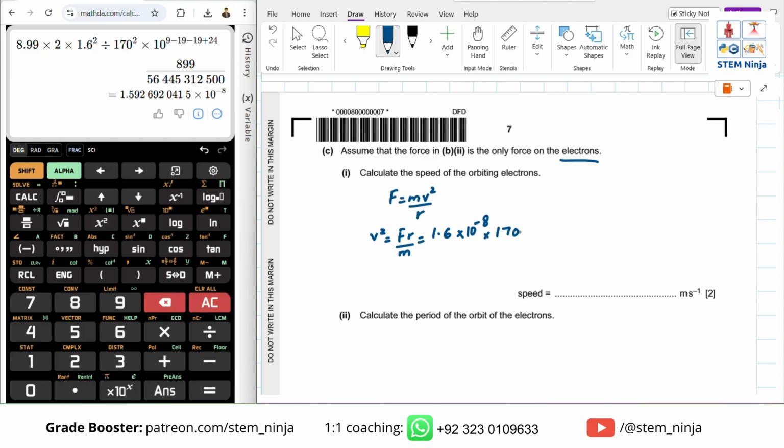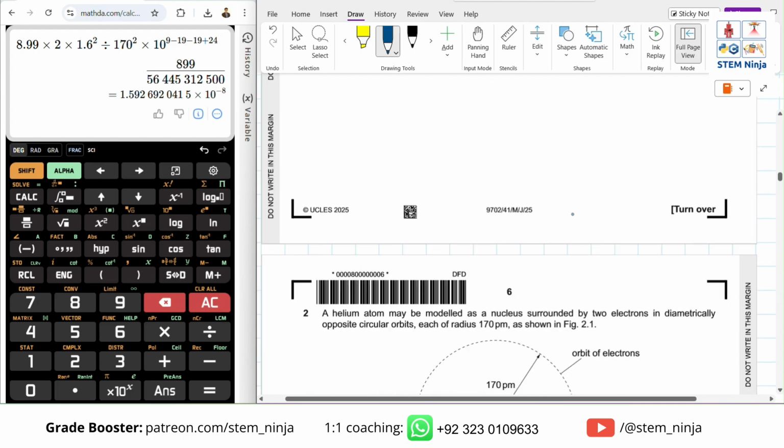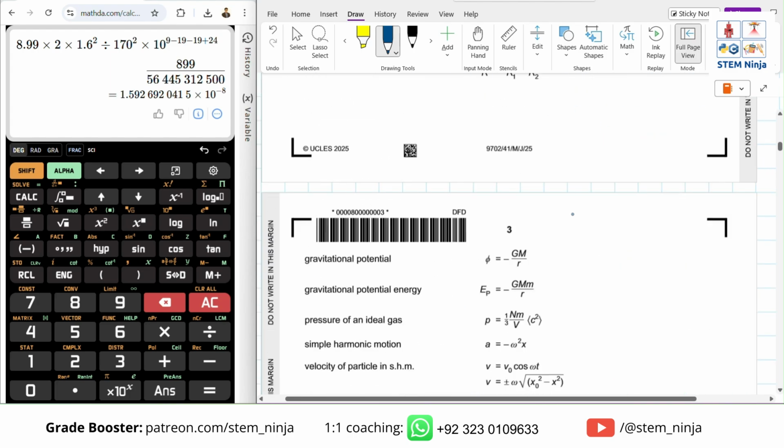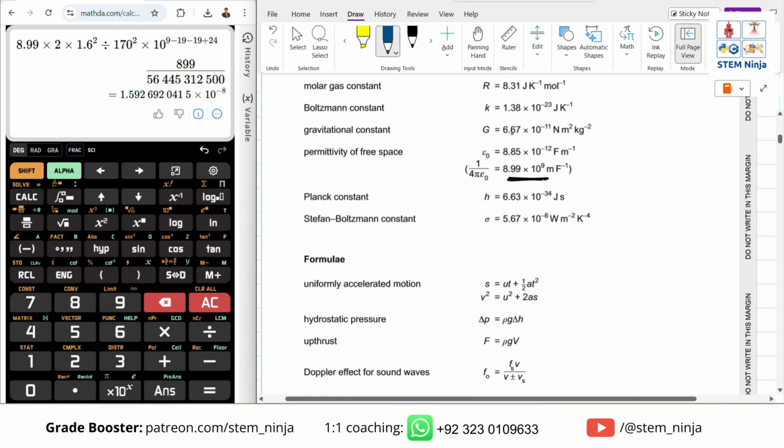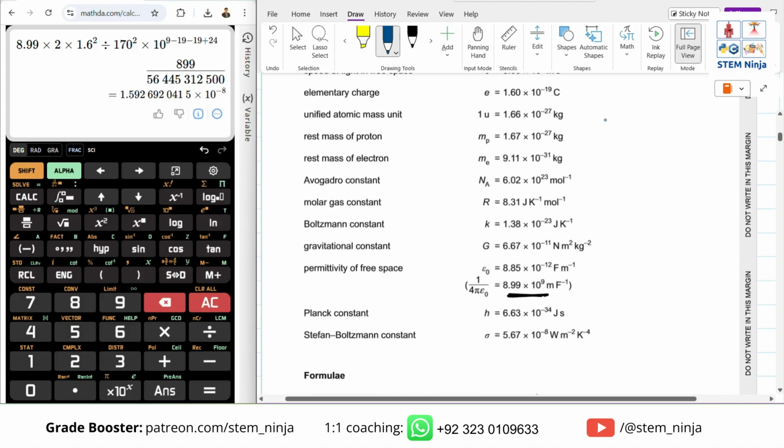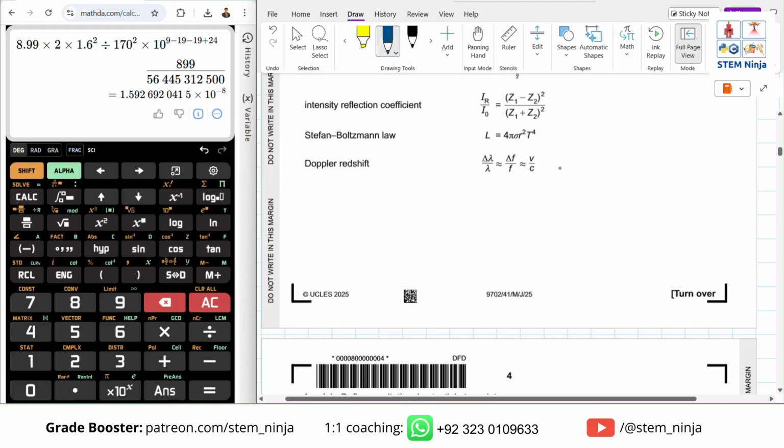Radius was 170 times 10 raised to power minus 12 meters. Mass of the electron is 9.11 times 10 raised to power minus 31.